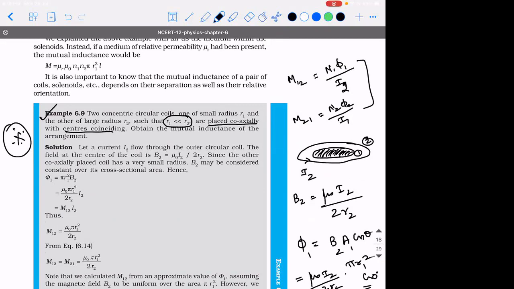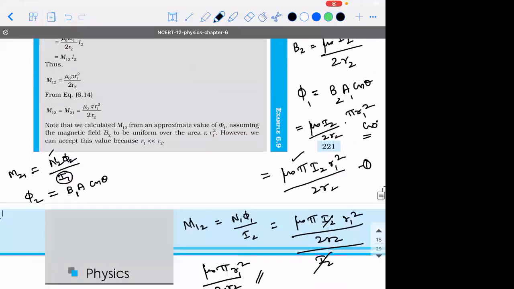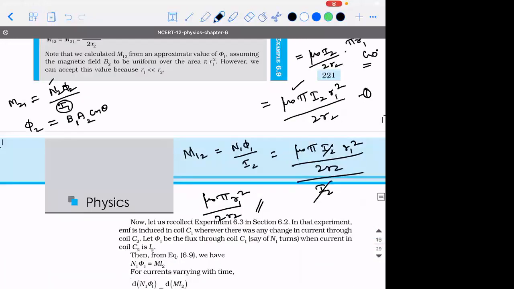The answer which you told would have been right had this condition not been given. Are you able to understand? Kishore, right? Had this condition not been given, then yes, you would have taken B1 A2 cos theta.